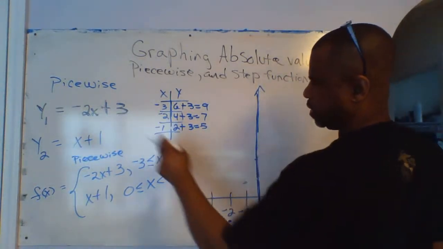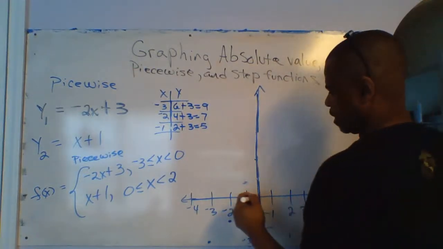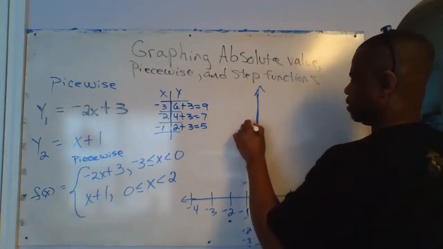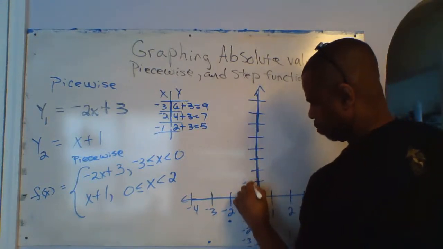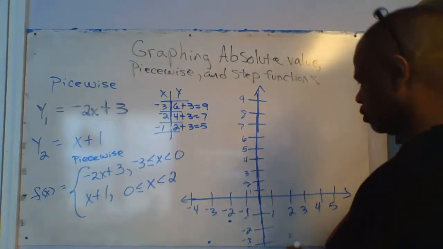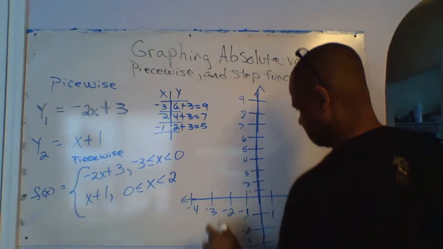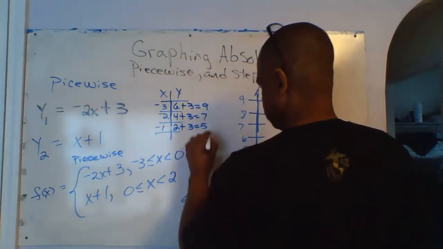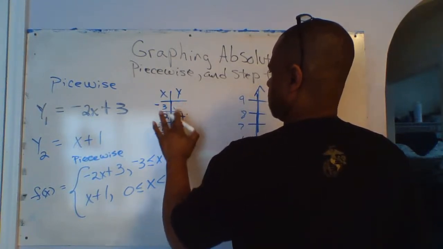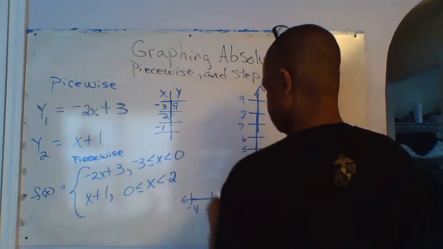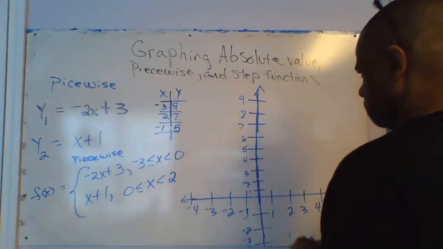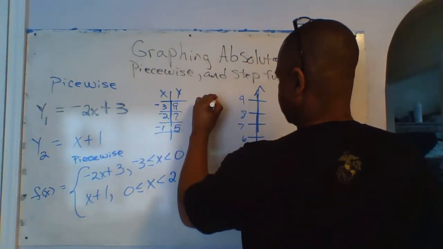I should have known this because the slope is negative, so it should be going down as I go to the right. Okay, so that's 1, 2, 3, 4, 5, 6, 7, 8, 9. 1, 2, 3, 4. All right, so a negative 3, 9 should go right here.